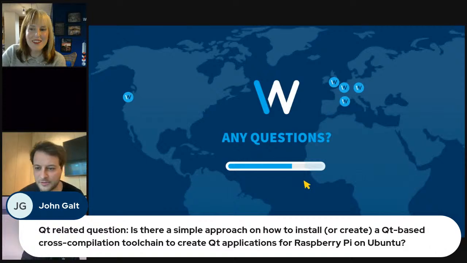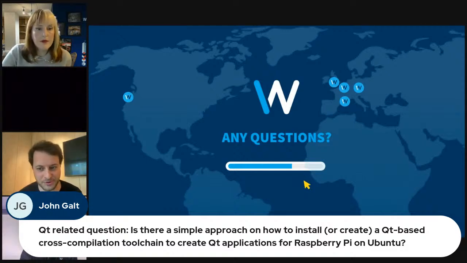I have to say I'm not entirely sure, so it may be slightly unrelated to the webinar topic. But at least I do know that with our Qt for Device Creation, another part of our offering, maybe more for MPU, we do have ready-to-use toolchains to create Qt applications on Raspberry Pi, available for Ubuntu, I believe.